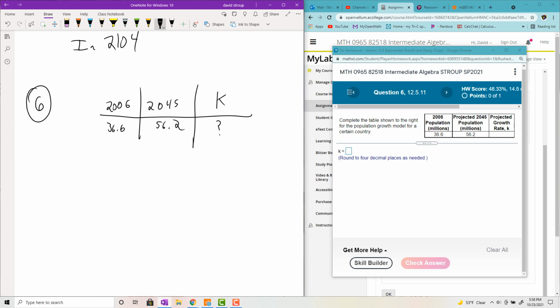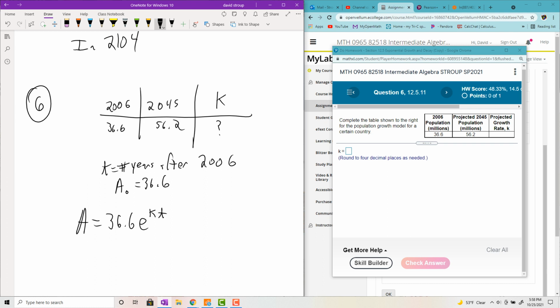Okay, so you can say that t represents the number of years after 2006, right? Which would mean that your A sub 0 is the 36.6. So you could write your initial equation as A equals 36.6 e to the kt.